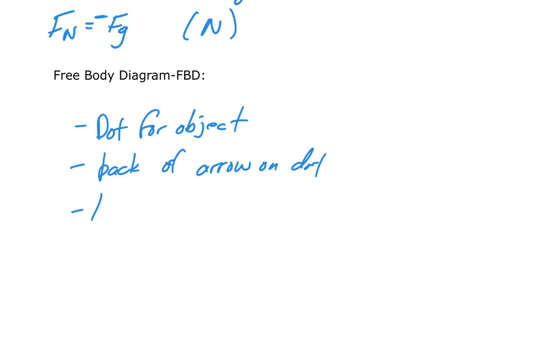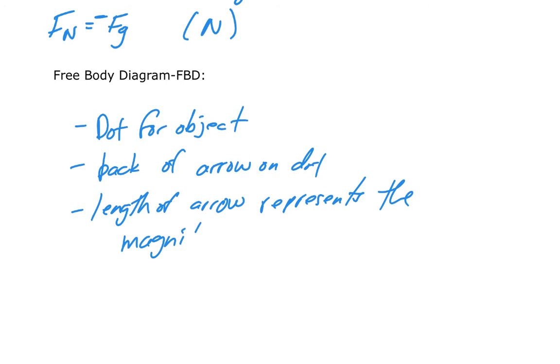And remember that the length of the arrow, I don't know how to spell arrow apparently, represents the magnitude of the force. And magnitude is just a fancy word for size. Okay? So all pretty straightforward. So let's go ahead and do a sample problem.